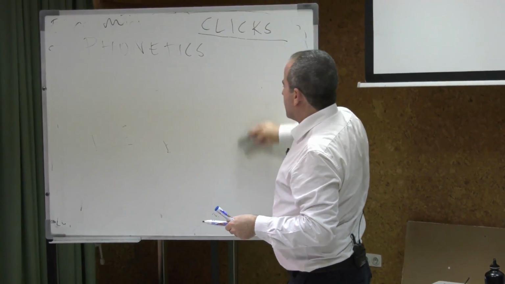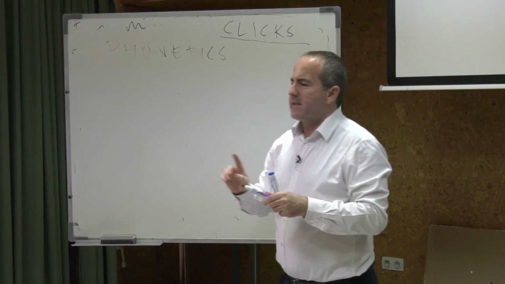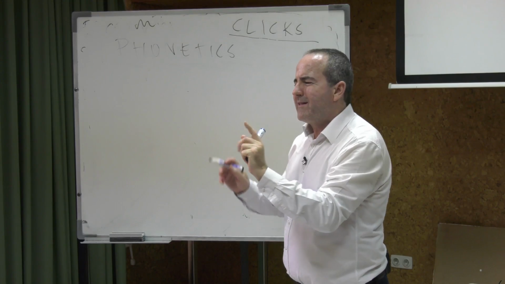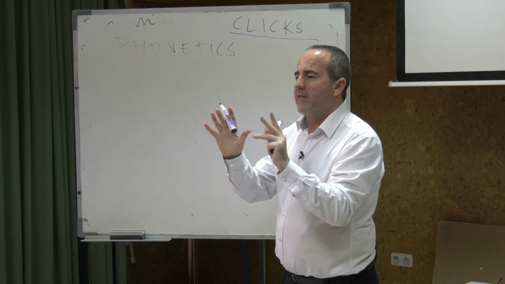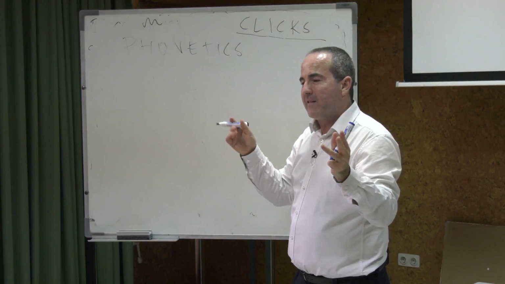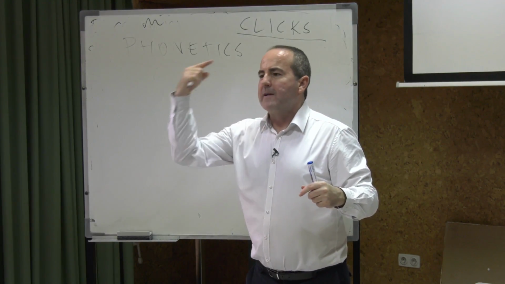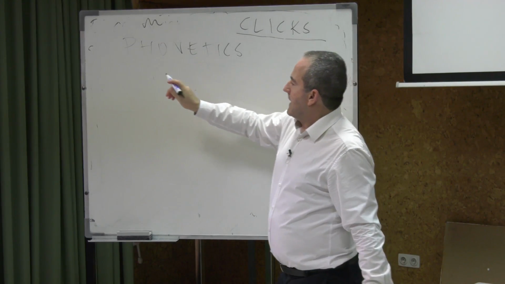About acoustics and auditory and perceptive phonetics, I'm not going to say a lot, but I would like all of you to understand some basic concepts, okay? And if you learn these 12 concepts, I will be pretty happy because you understand the relationship between articulatory phonetics, acoustic phonetics, and auditory and perceptual phonetics.